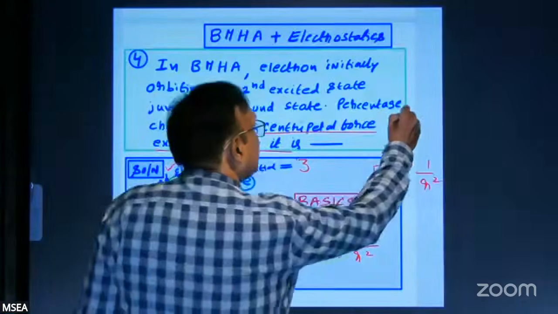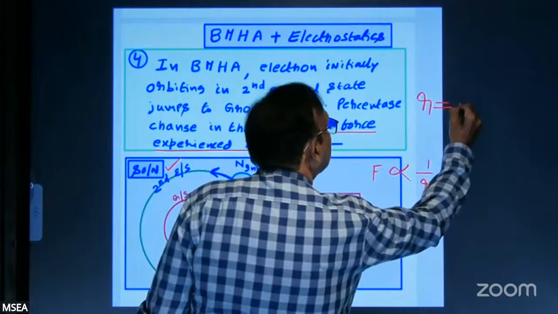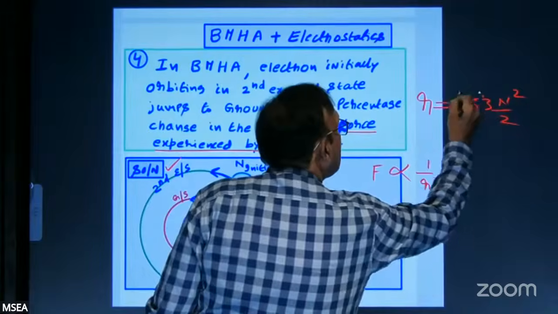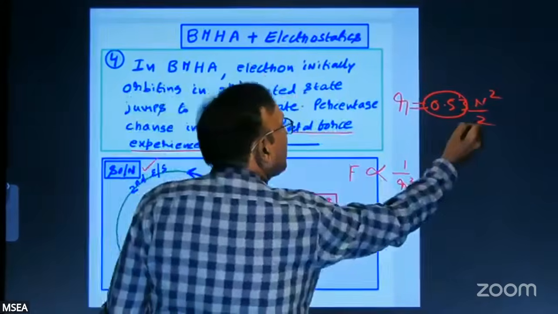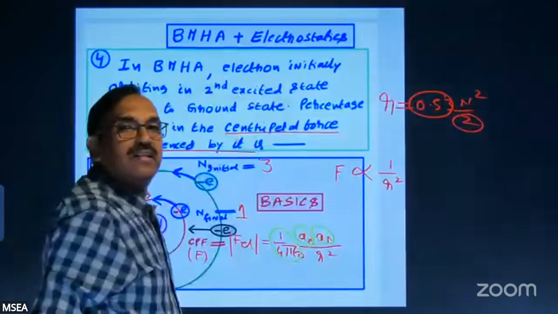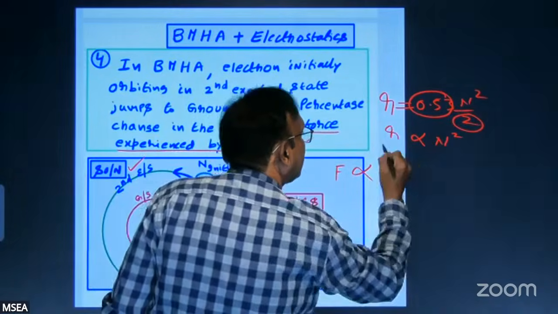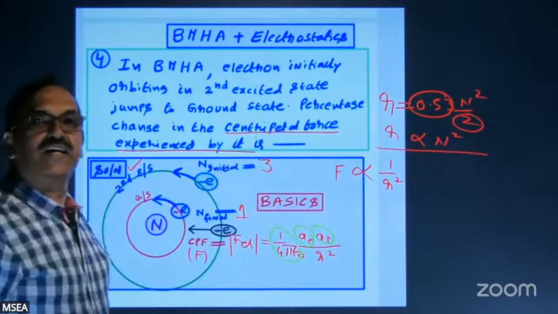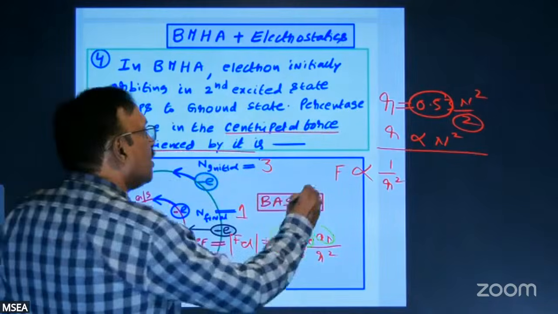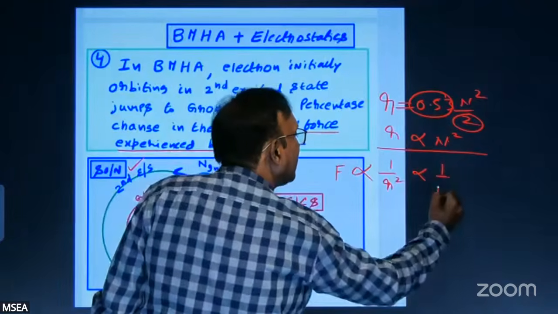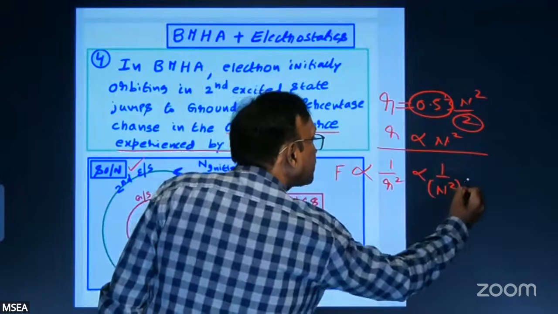If you recollect, what is the radius of the electron in the nth orbit? It is 0.53 into n squared by Z. Here 0.53 is a constant, and for the same hydrogen atom Z is 1. So r is proportional to n square. Now, F is proportional to 1 by r square, and in place of r we can write n square whole square.